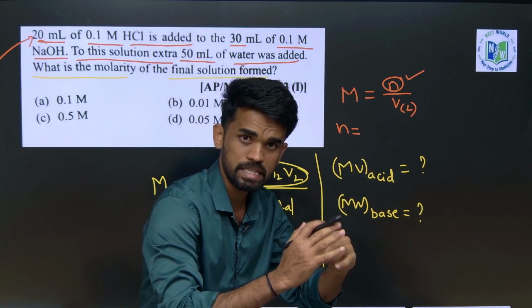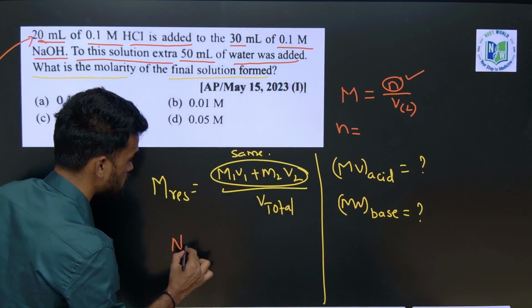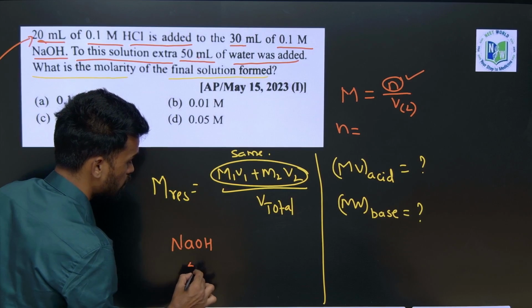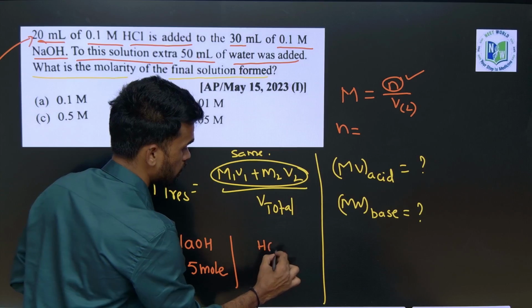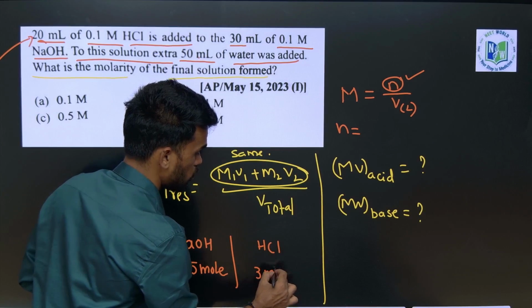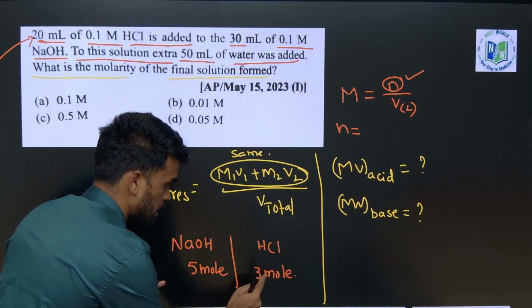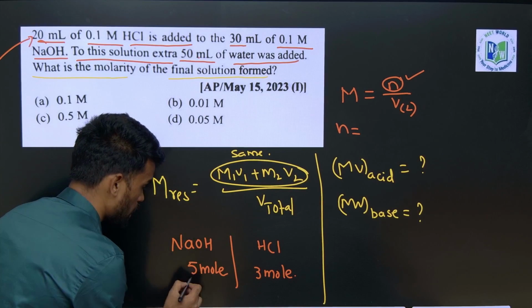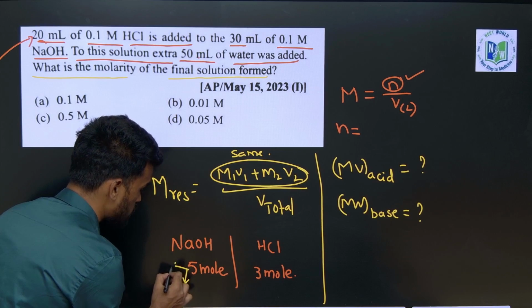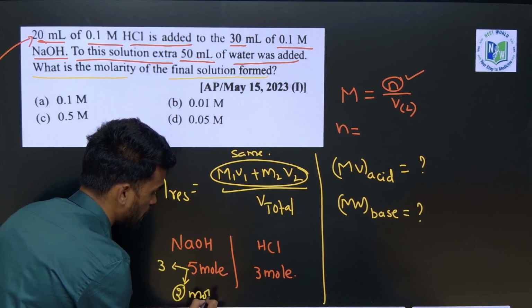To understand it more clearly, let me tell you, I have NaOH of 5 moles and HCl of 3 moles. Now tell me, after mixing the solution, what happens? See, these 3 moles of acid will neutralize 3 moles of base, but out of the 5 moles, we are left with 2 moles of extra NaOH, right?